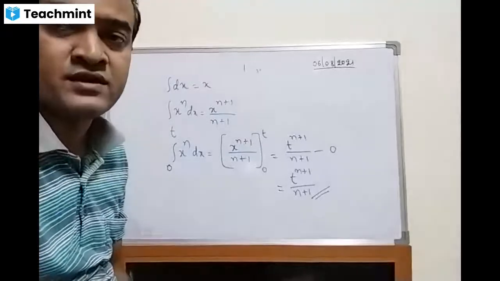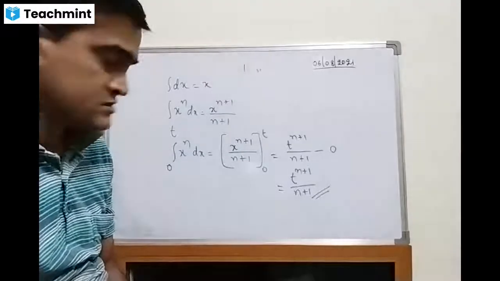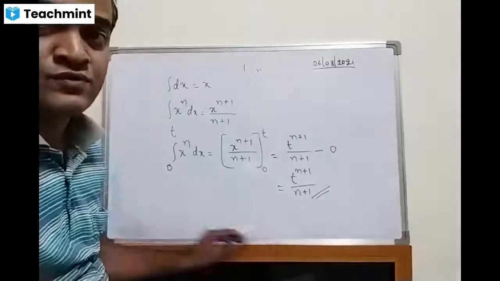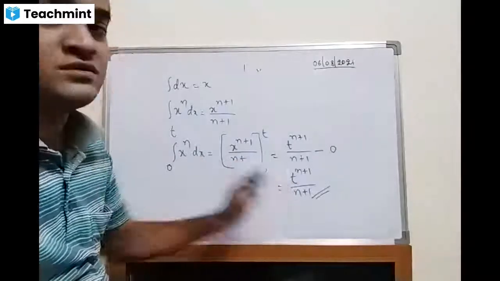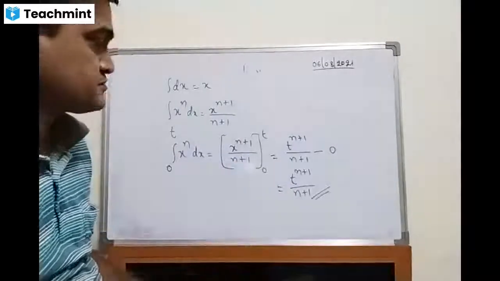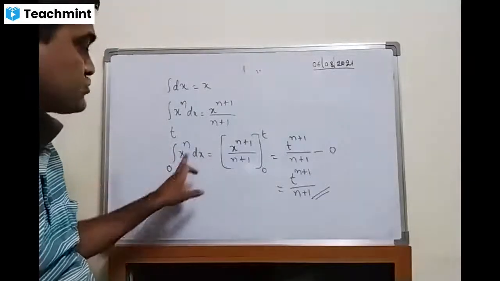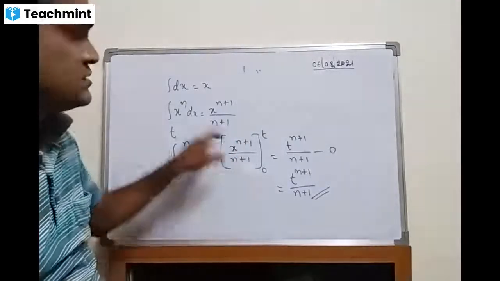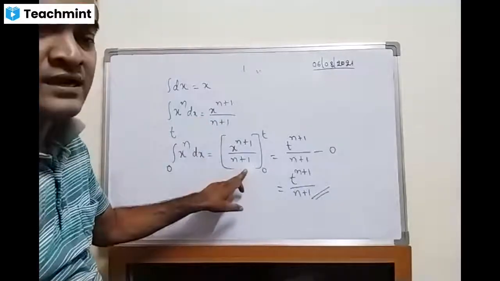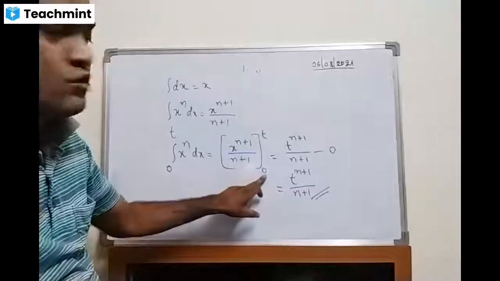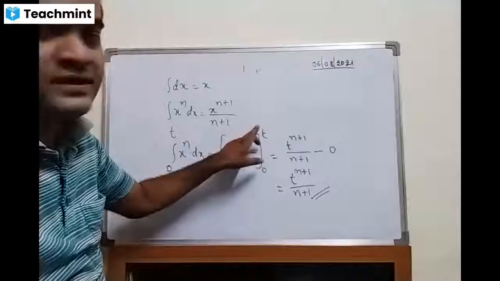This is the method of doing integration for definite integrals. First, remove the integral, write down the formula for x to the power n dx as is, and the limits will be: lower limit is 0, upper limit is t.